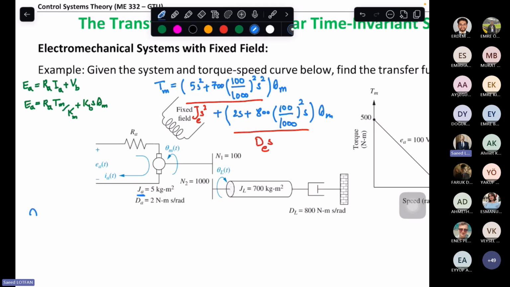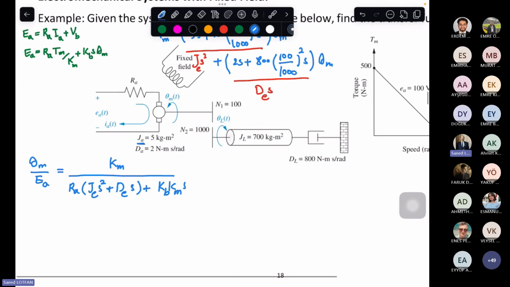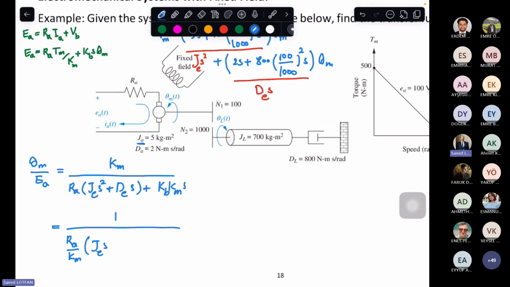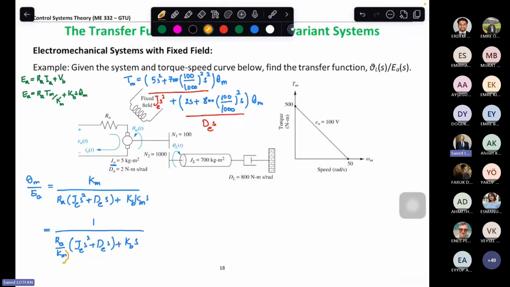Now I can write that I know theta M over EA is Km over RA multiplied by JE S2 plus DE S plus KB Km S. And this can be written as 1 over RA over Km times JE S2 plus DE S plus KB S. So in this relationship, what I don't know is RA over Km.